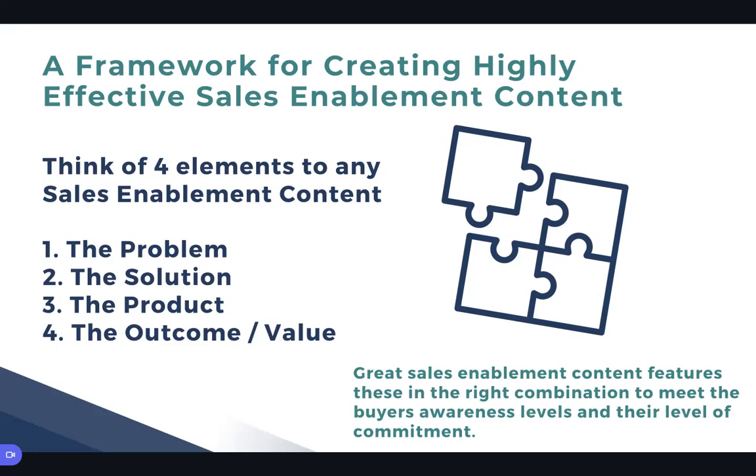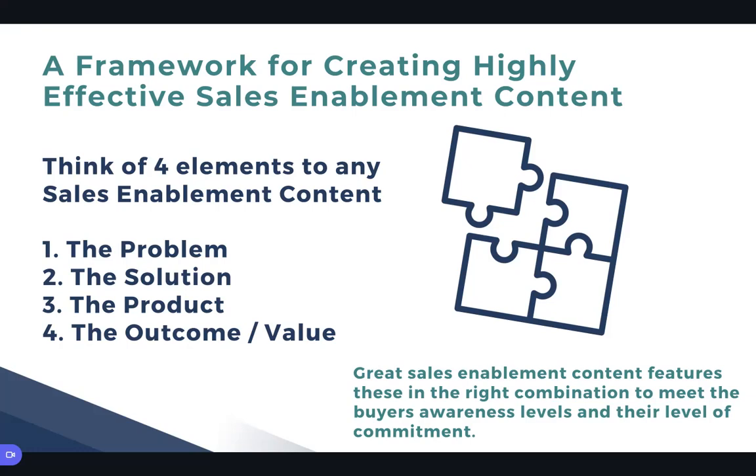And then we get to the solution. And when I say the solution, that's not your product. That's any of the ways that a prospect could solve that problem in order to realize that value or that outcome. So you'll need to be addressing that. And then your product. So what are we selling people? How are we positioning it? How are we explaining it?